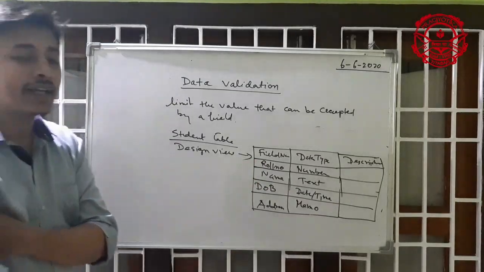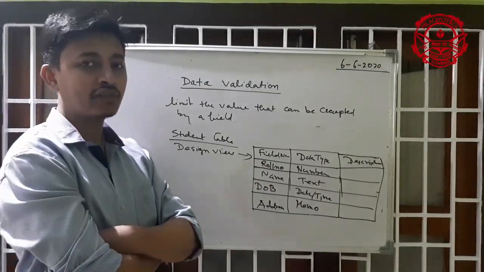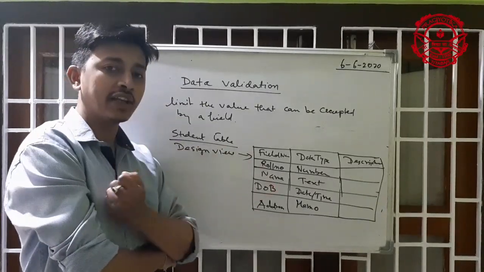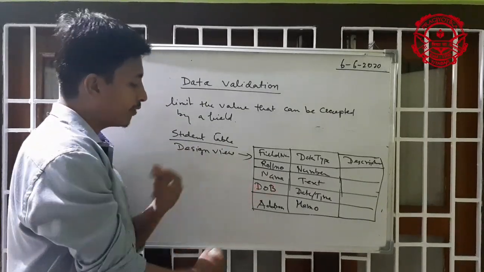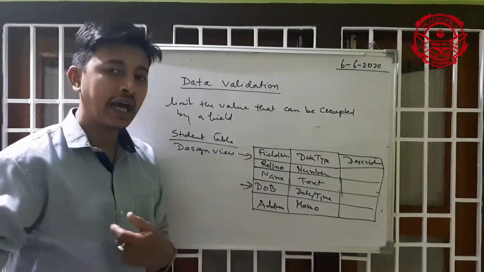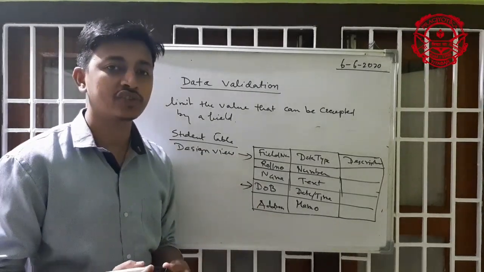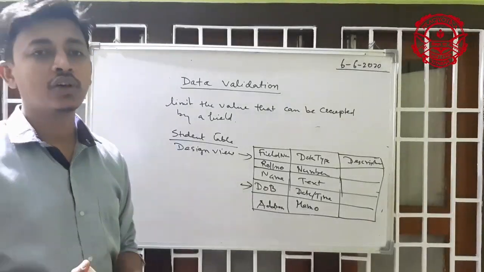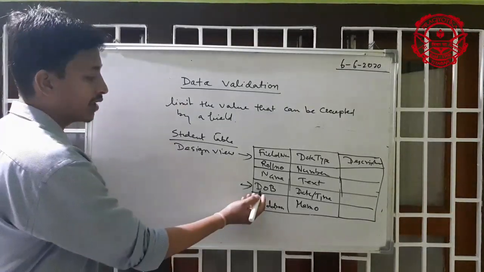Here you can apply the data validation rules against any field. For example, in date of birth, I want to apply data validation rules. Means I want to keep some rules in this field.